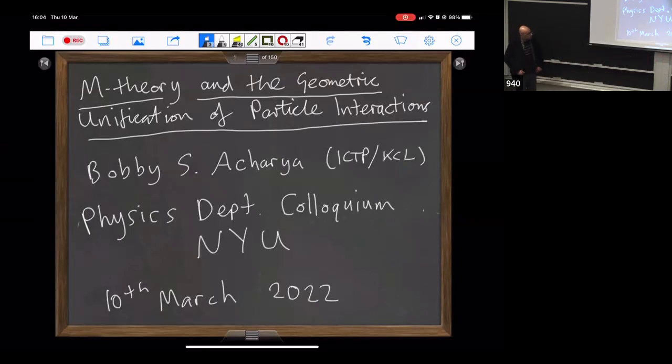Thanks, Massimo, for the lovely introduction. So, as I was telling the students earlier, these days in the field of particle phenomenology, the approach over the past 10 years or so has been mostly bottom up. And we don't hear so much about things like grand unification and supersymmetry and other mathematical structures.